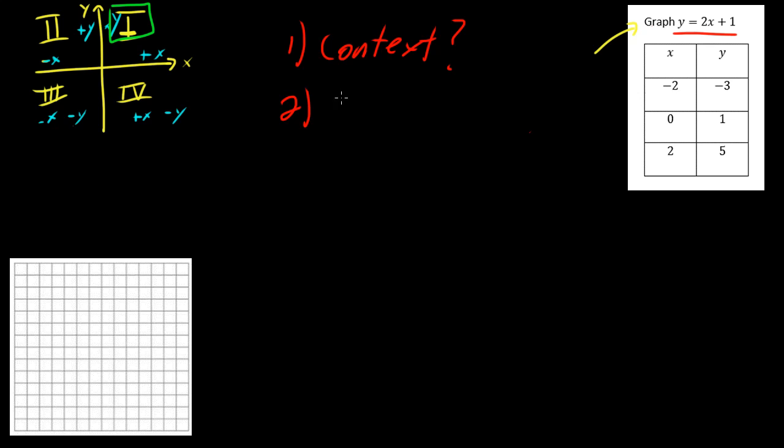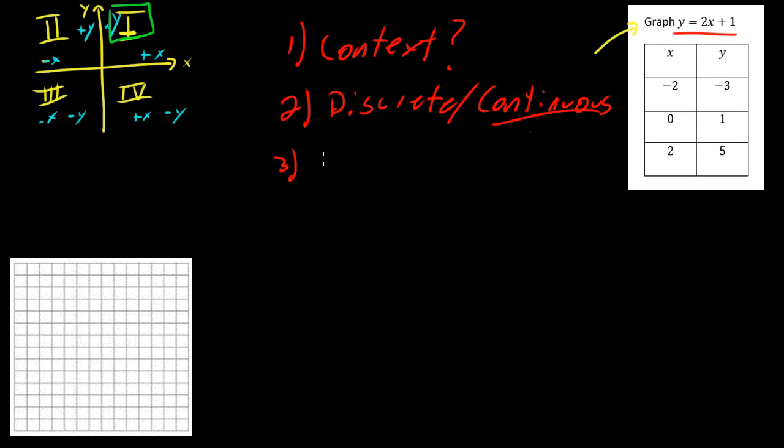If there isn't a context, are we looking at discrete, or are we looking at continuous? Now, 9 times out of 10, we're going to be looking at continuous functions unless there is a context. If there isn't a context, you're basically guaranteed to get a continuous function no matter what, unless there are some other restrictions going on, which you really don't have to focus on too much in grade 10. So we're going to be focusing a lot on this continuous.